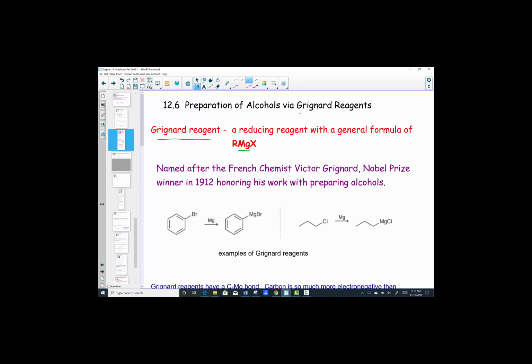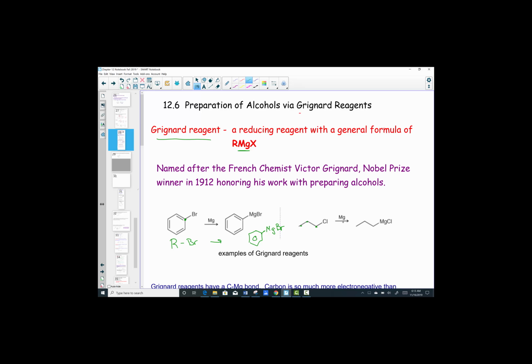What his work focused on was taking this carbon to bromine bond, and this could really be any R group, this just happens to be a benzene ring, and introducing a magnesium to separate the carbon chain, or in this case the benzene ring, from the bromide, forming an ionic salt of magnesium bromide. For example, here we have propyl chloride.